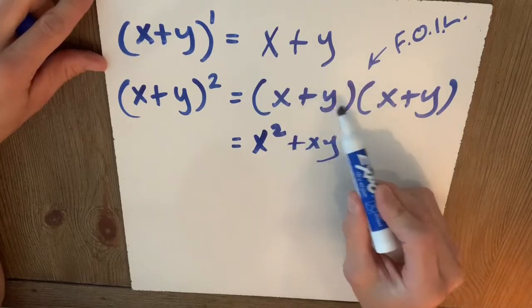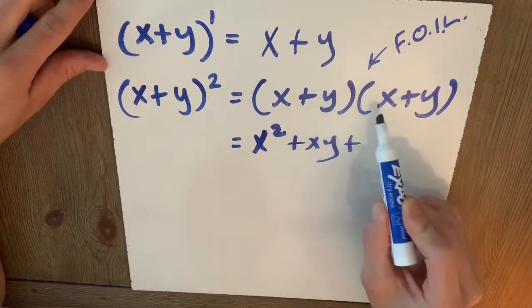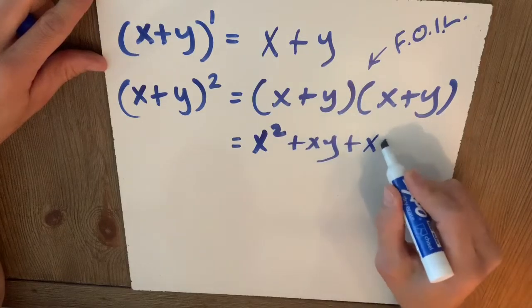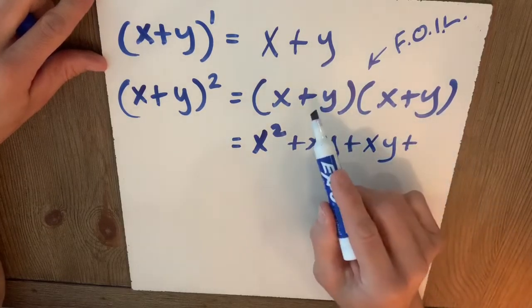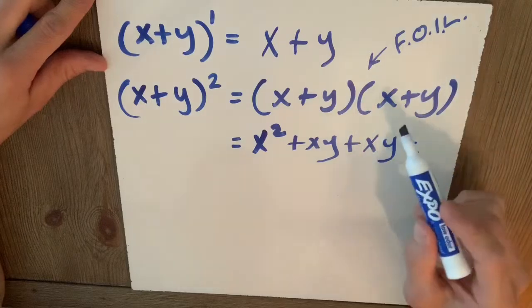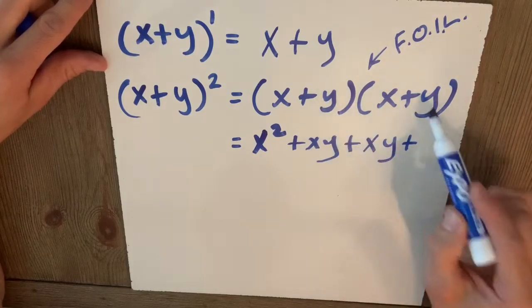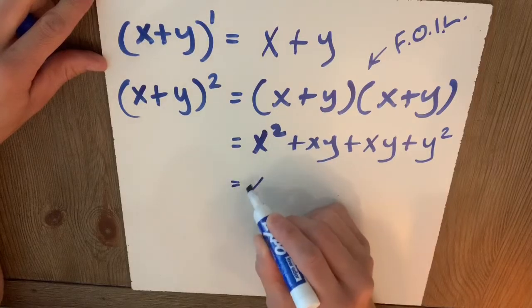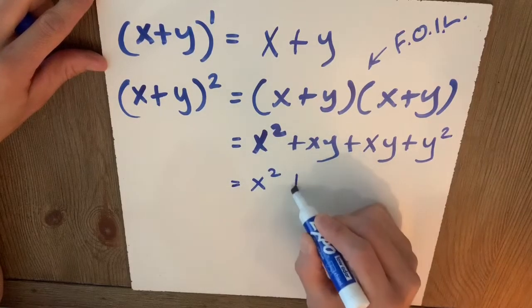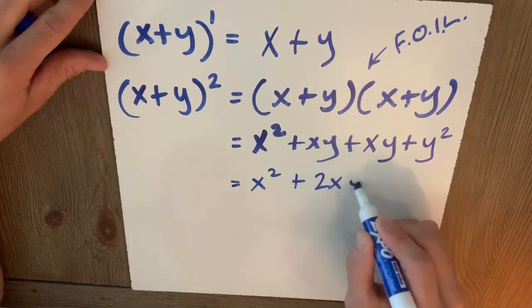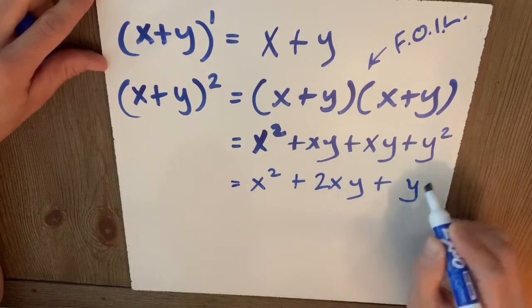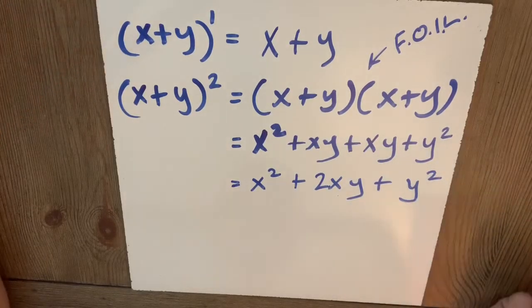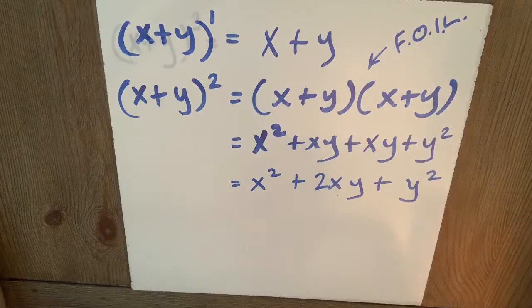Inner, I'm going to multiply the two inner terms of the separate binomials, plus xy. And finally, last, the last terms of my FOIL, I'm going to multiply y by y to get y squared. So I have x squared plus 2xy plus y squared. It does take me a little time, but I can do it.